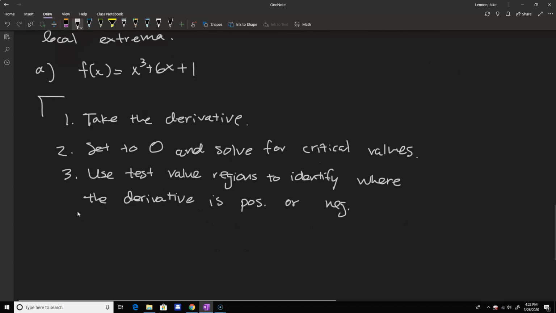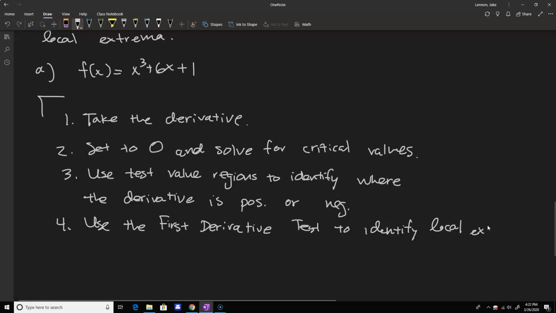And then step 4, use the first derivative test to identify local extrema. So this is our big strategy.